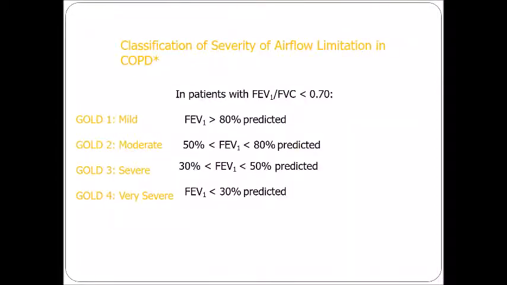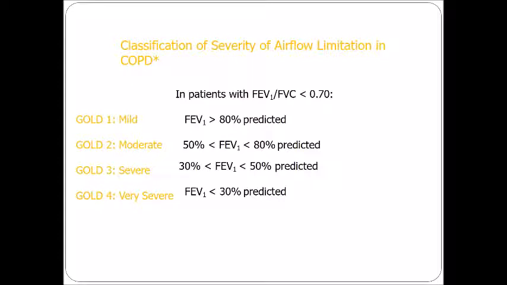Now sometimes this type of classification is used for severity of COPD based on FEV1. These are the GOLD criteria: criteria 1, 2, 3 and 4. 1 means mild, 2 is moderate, 3 is severe and 4 is very severe.